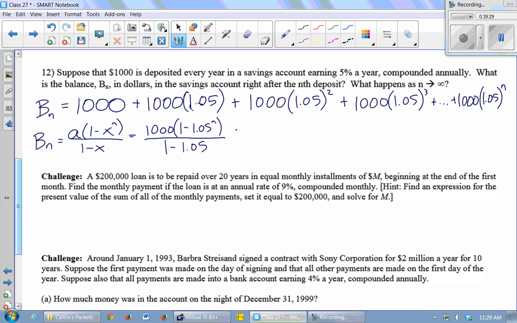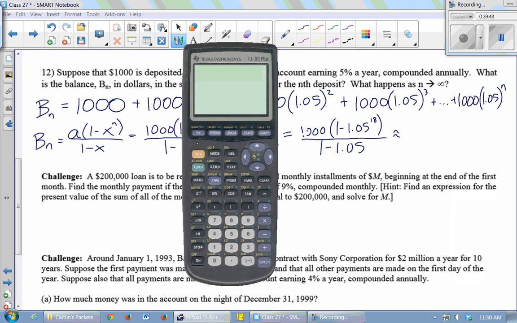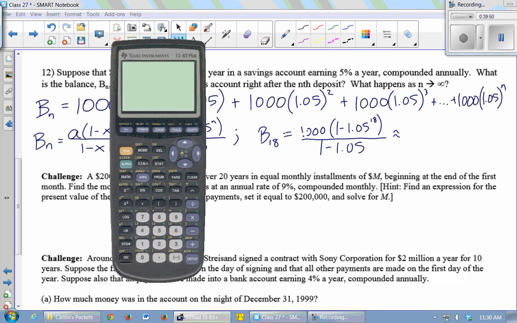And just for fun, let's figure out how much money's in there after 18 years. So this would be 1,000 times 1 minus 1.05 to the 18 divided by 1 minus 1.05. Okay, so if I am careful with the order of operations here, I do 1.05 to the 18th first.